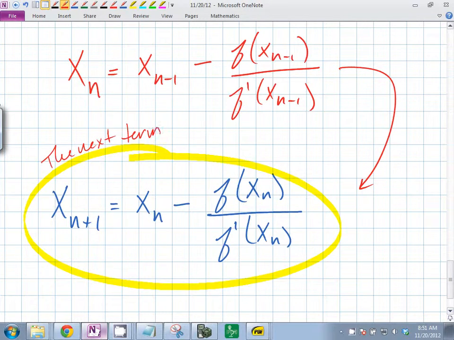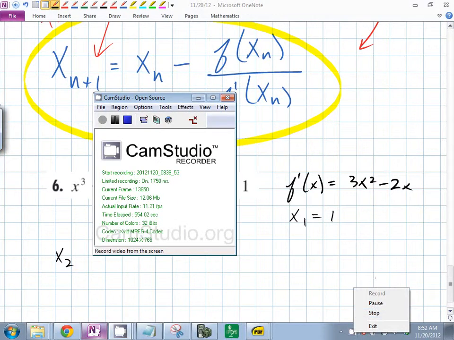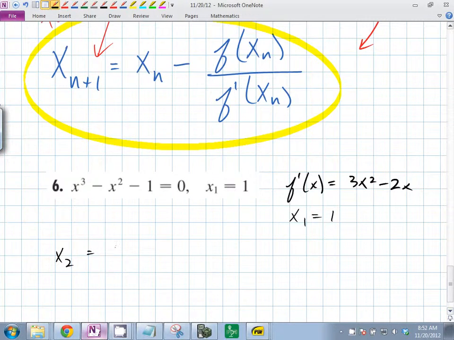Well, it can help because you don't have to go through all of that busy work before. You don't have to find the equation of the line every time. You can just use this formula. x2 equals x1 minus f of x1 all over f prime of x1.